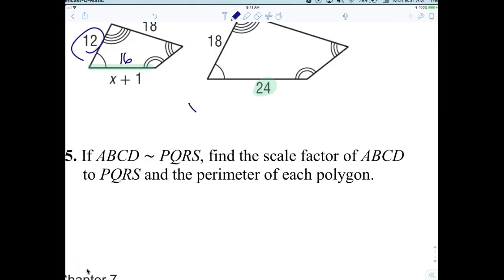I understand the 2, I got you. Something times something times 1.5 is 24. That's what the question is, right? So 24 divided by 1.5. Now, the problem you're having is I'm dividing this by 1.5.